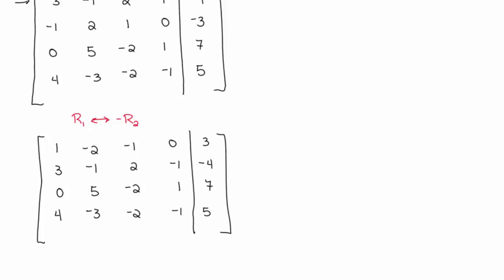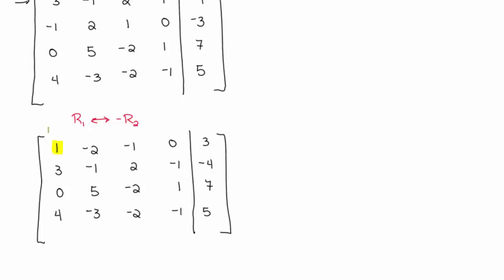All right. So now that we have the 1 ready to go, highlight that bad boy. I'm going to use that 1 to kill everything below. And what's nice about using that 1 is you could say, I'm just going to take the opposite of the number I'm killing off. So if I want to kill off that 3, I'm going to multiply row 1 by negative 3 and add it to row 2.